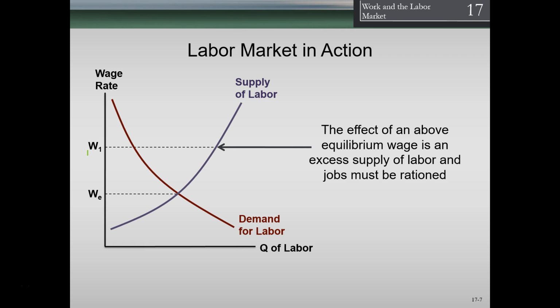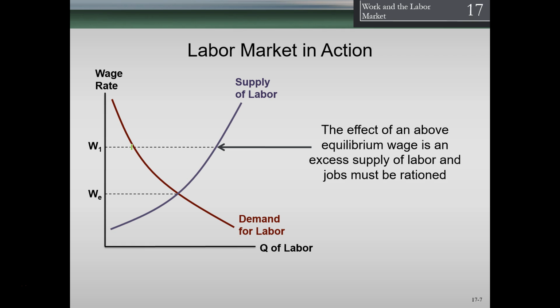Well, the supply for labor, the people like us that want to go work, if we all of a sudden had the opportunity to work at a higher wage than before, then more people are going to want to go into the market and work at that higher wage. On the demand side, remember the demander is the companies in this case demanding workers.